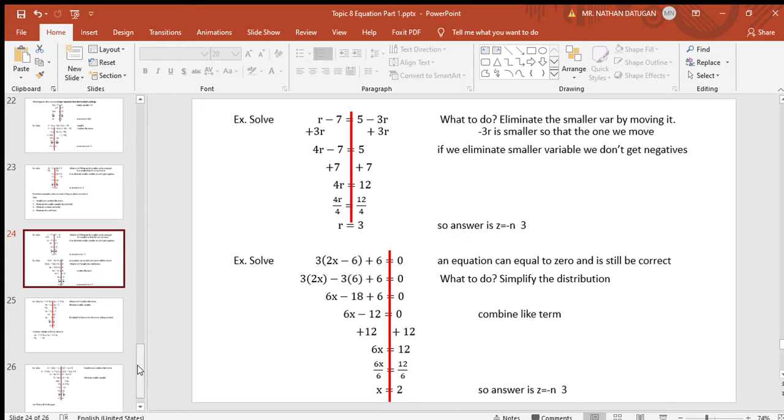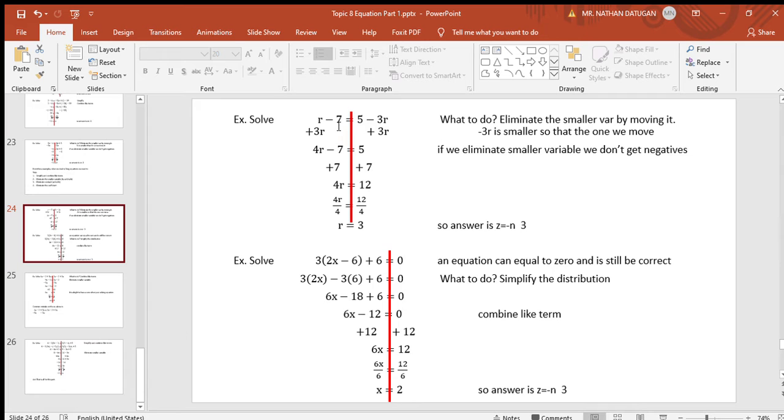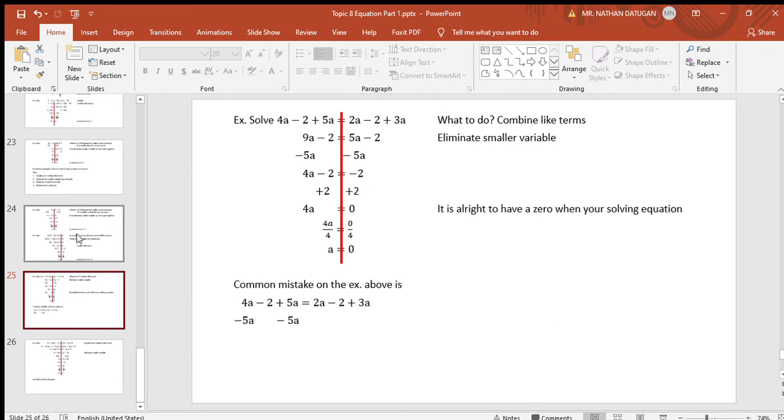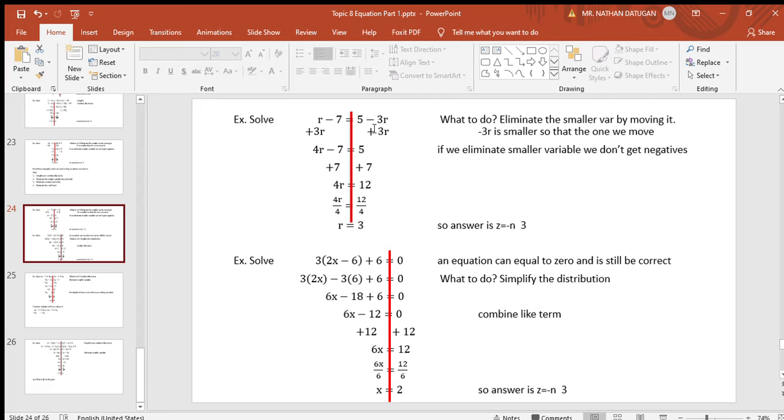We have 4r minus 7 is equal to 5 minus 3r. What do we do? Well, first thing first, we're going to eliminate the smaller variable by moving it. So, which was the smaller variable, r or negative 3r? Negative 3r.